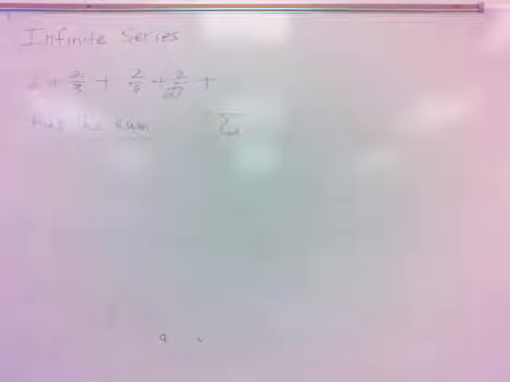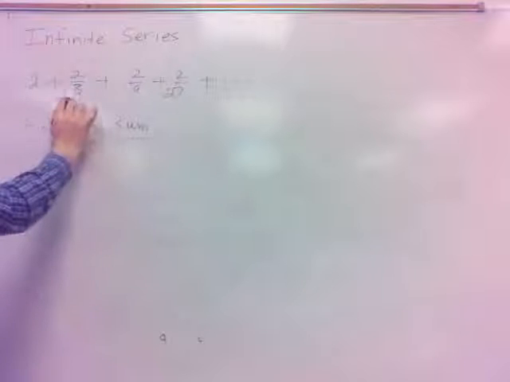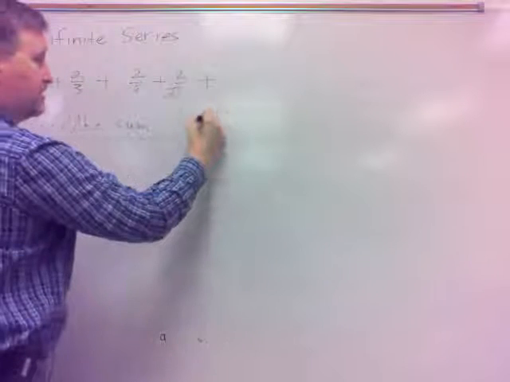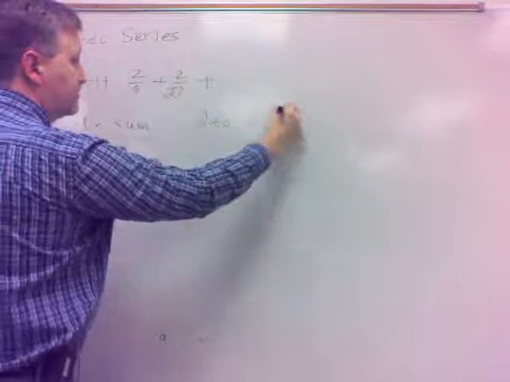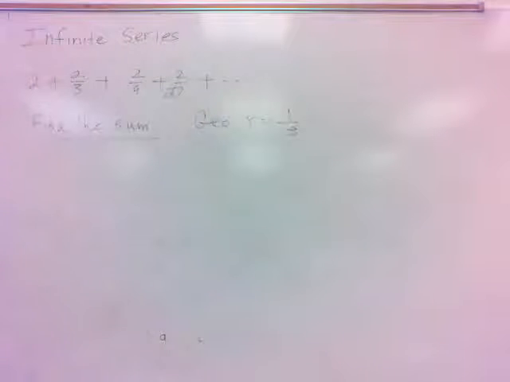We could. But just notice here, as we go along, this is times 2/3, times 2/3, times 2. Yeah, this is geometric. R equals 2/3. Huh? 1/3. Yes, thank you. All right, that's a big jump there.